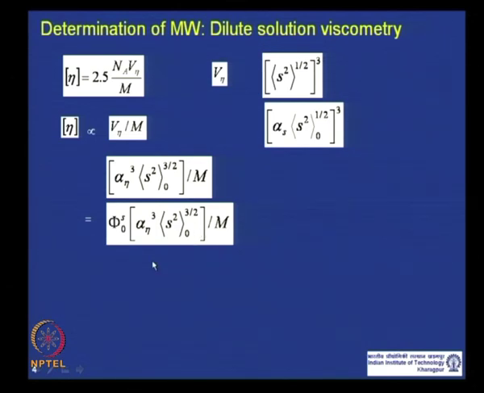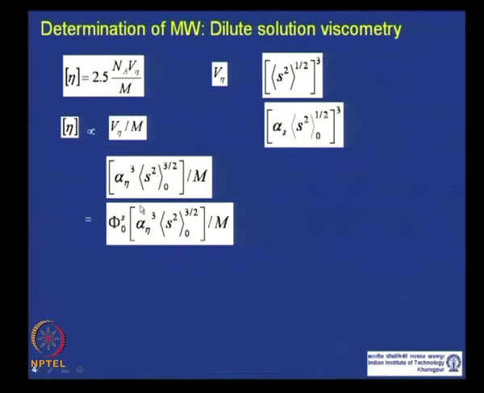Remember, this should be H, because we have mentioned H in the last lecture. So, these are all H, VH, expansion factor H. This is the expansion factor because of the polymer-solvent interaction.